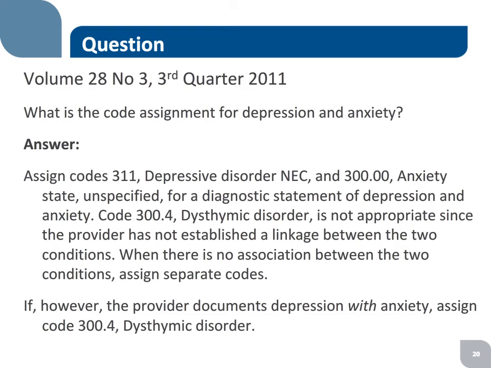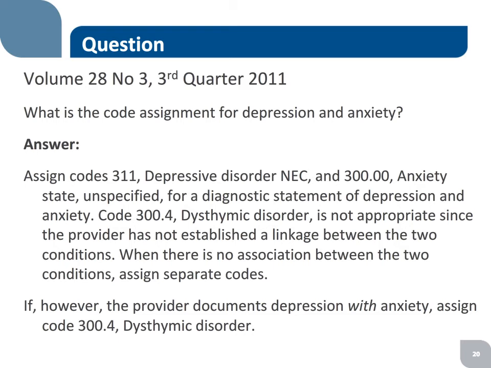But in our indexing in our book, it used to be that if you looked up depression or anxiety, it would then indent with, you also have the other one, you have depression and anxiety along with it, it would always take you to dysthymic disorders, 300.4. But they're telling us now in this Coding Clinic that you would only assign the 311, so that's depression NOS, and then you'd code the anxiety NOS unless the provider makes that established linkage, such as using the word with.